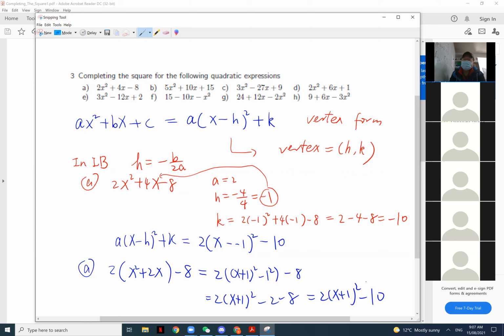This is the original way we did for question A. The IB is a bit different. They gave you h here, negative b over 2a.